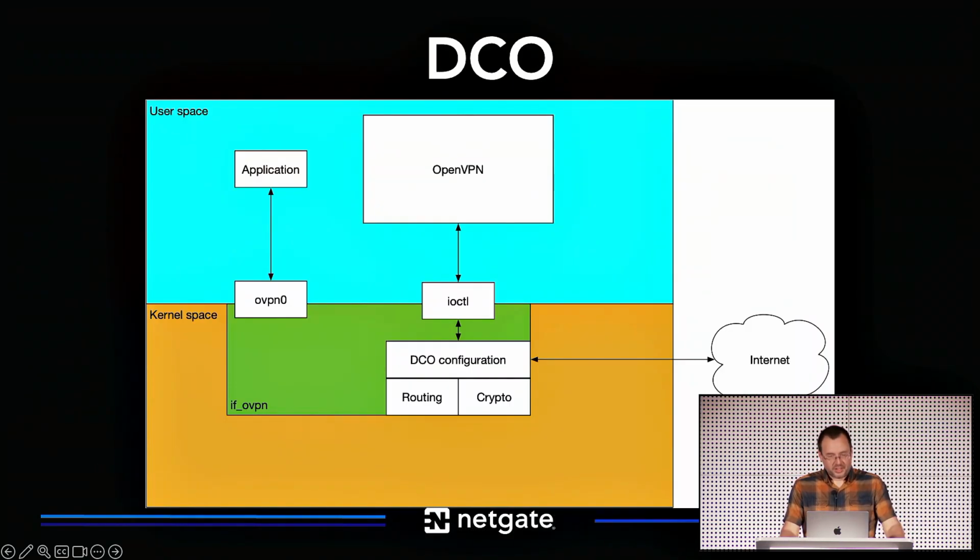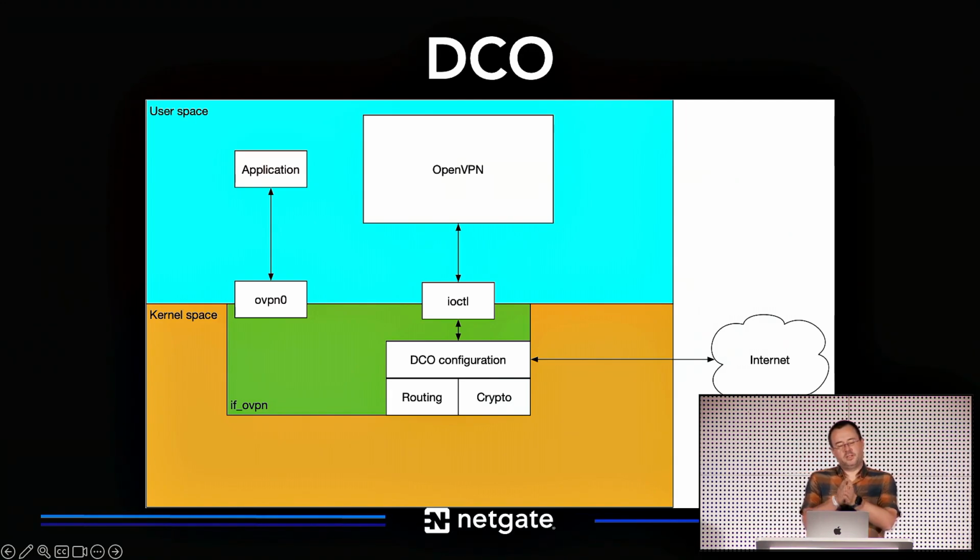Anyway, we end up with a DCO structure where we still have an application running in user space, so your web browser, your FTP server, whatever. It wants to transmit data. It will copy it into the kernel. The kernel will make a routing decision, eventually decides that the packet needs to go out over the ovpn0 interface.